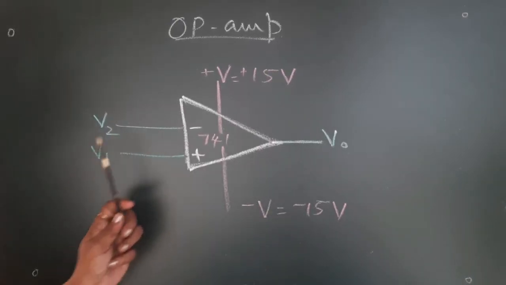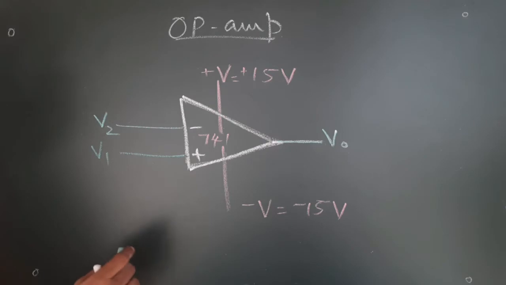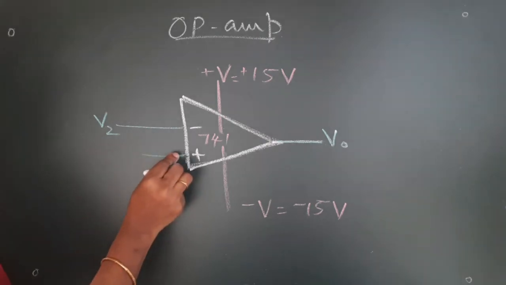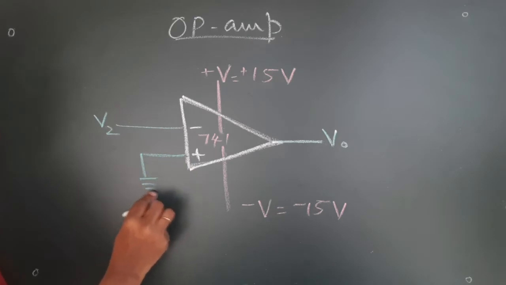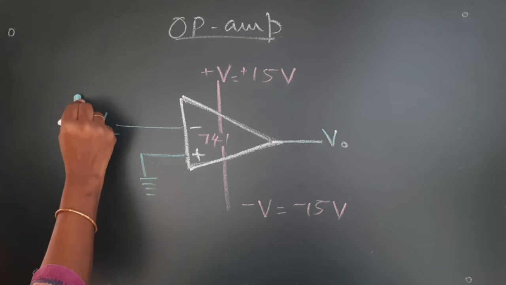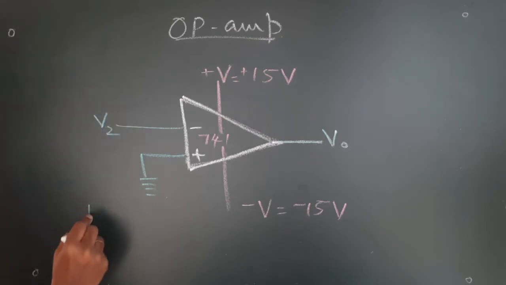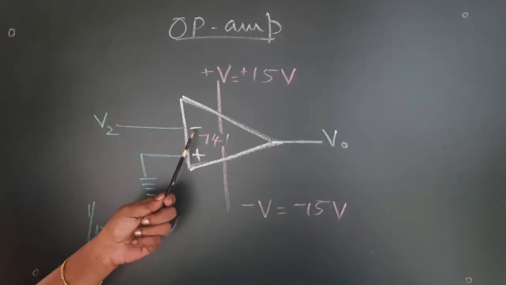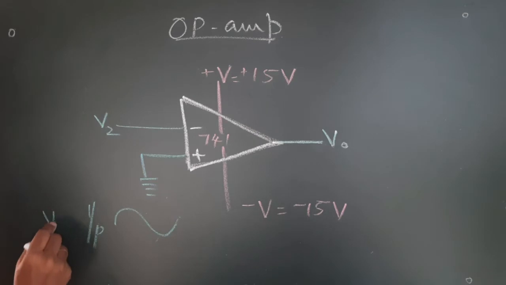To understand the concept of inverting and non-inverting, let us try this. I will ground this non-inverting terminal and I am applying an input signal in this manner, in the inverting terminal.